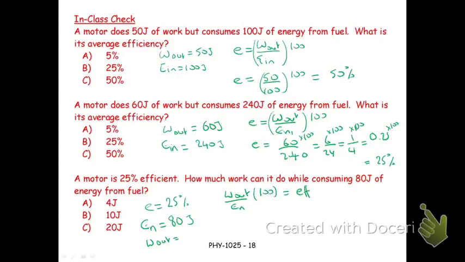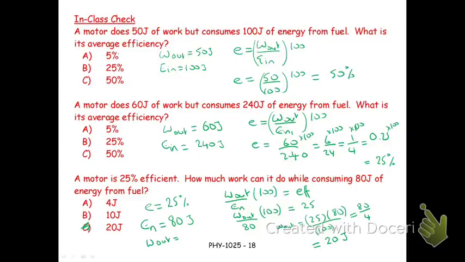So work out over 80 times 100 is equal to 25. So I say my work out is equal to 25, multiply both sides by 80, divide both sides by 100. That's like 80 over 4, which equals 20. And it's work, so it's going to be joules, 20 joules.